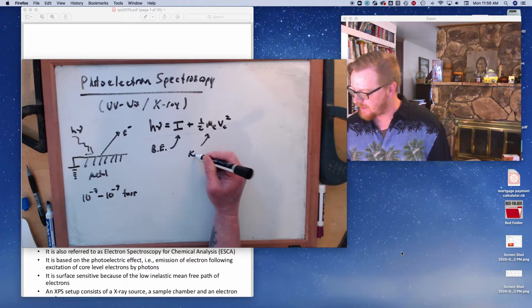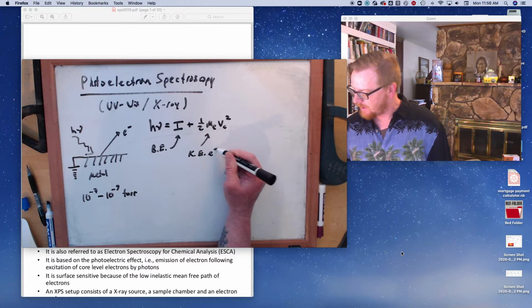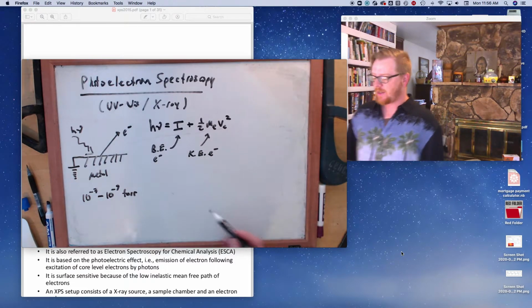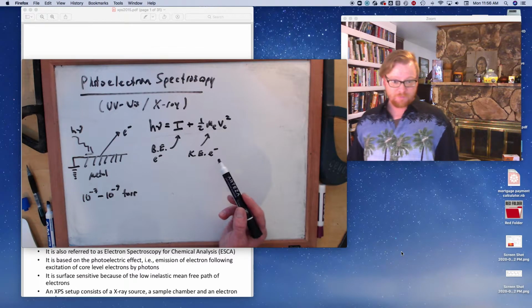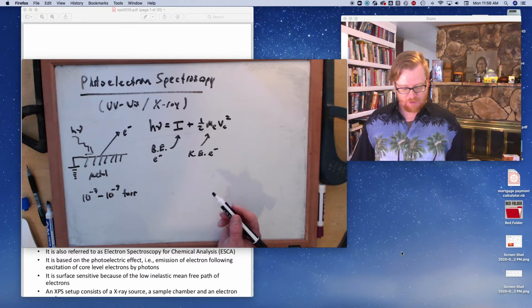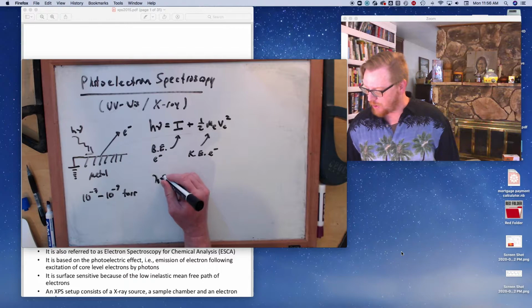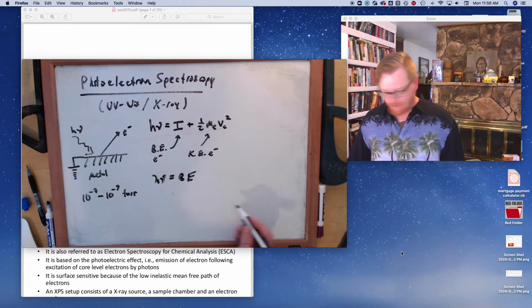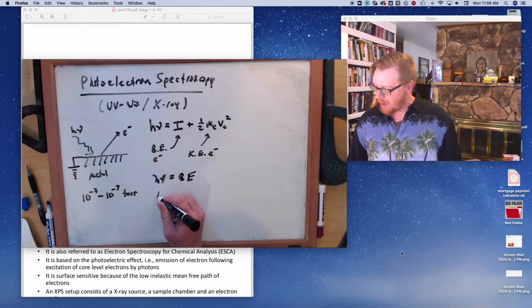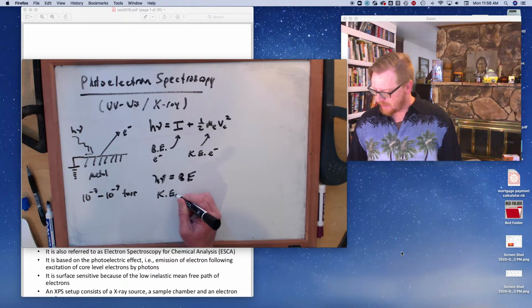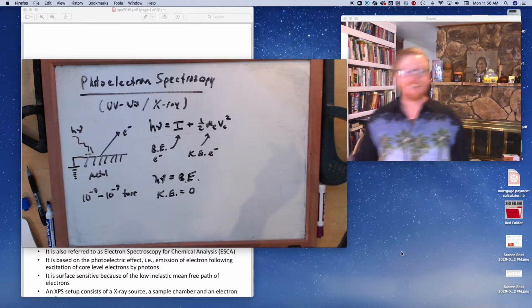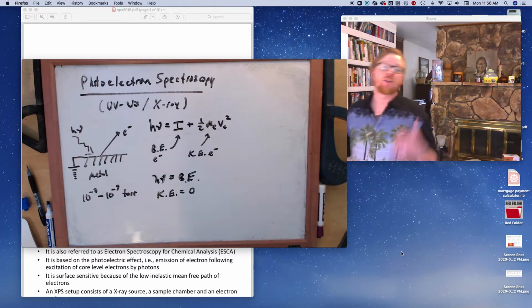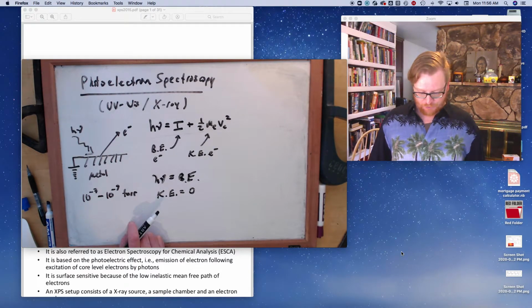And that is the kinetic energy of the electron. So we have the binding energy of the electron, and we have the kinetic energy of the electron. And when h nu is exactly equal to the binding energy, then the kinetic energy of the electron equals 0, and thus no photoionization can occur.